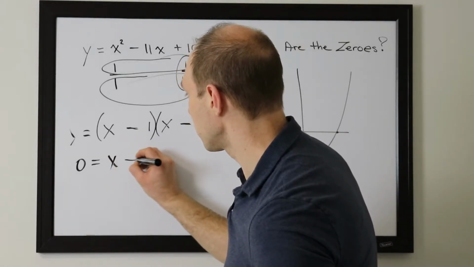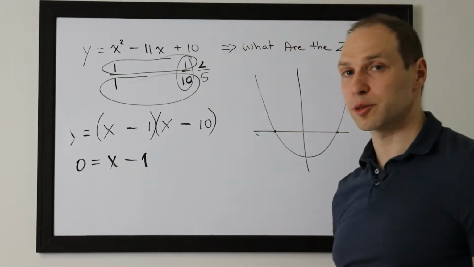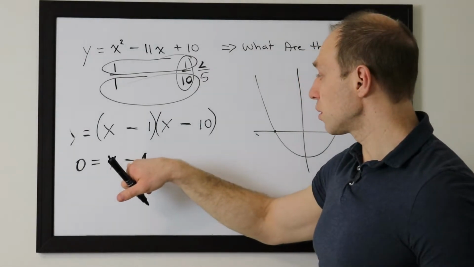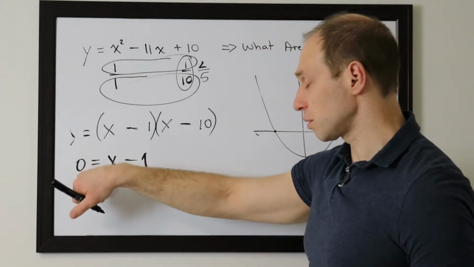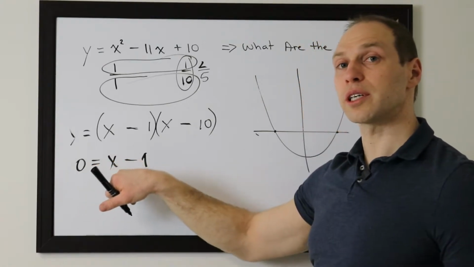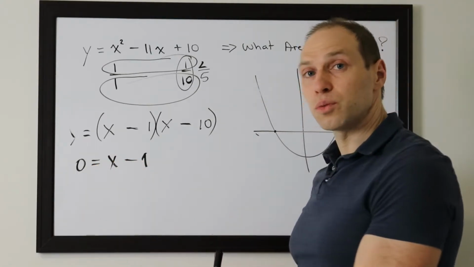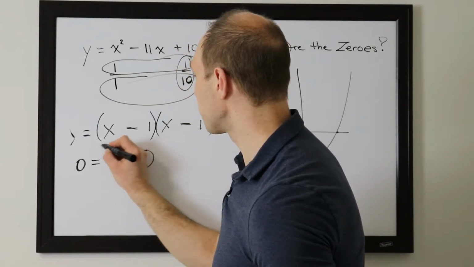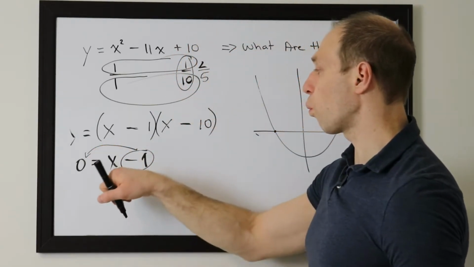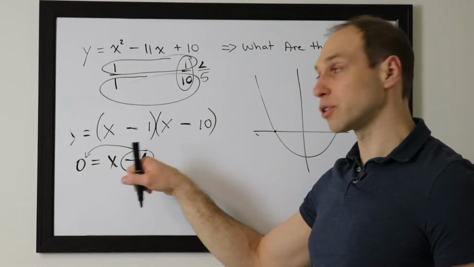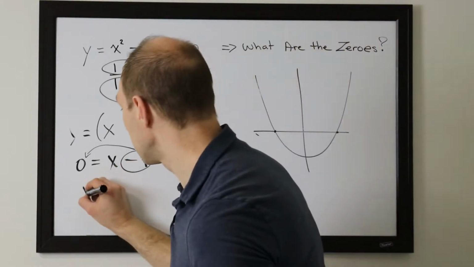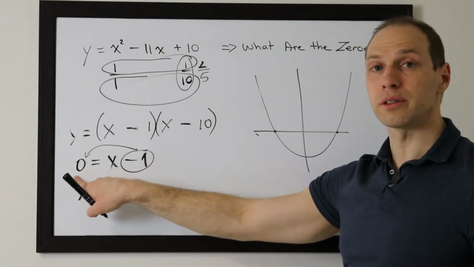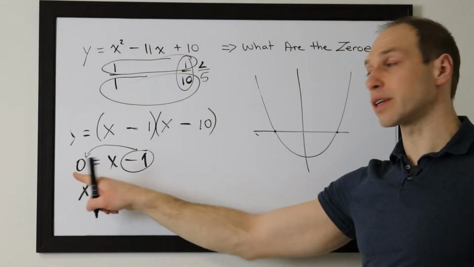So let's say this expression, x minus 1, when we have 0 is equal to x minus 1. The question is, what is the value of x? Well, the negative 1 can be brought over the equal sign. What minus 1 equals 0? And the answer is 1. 1 minus 1 is 0. So that's our first value of x.